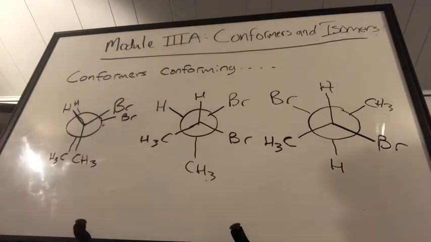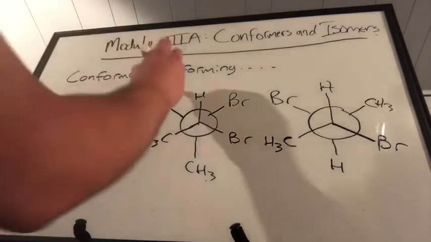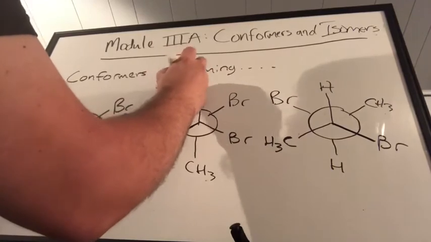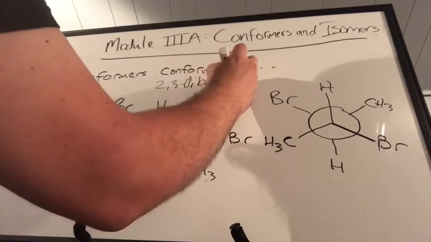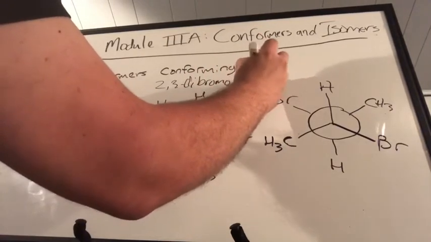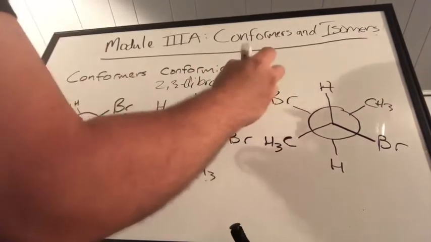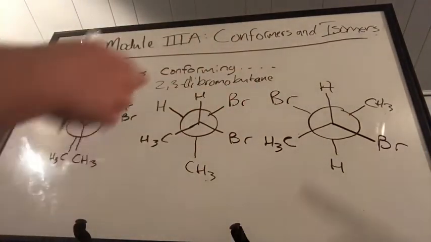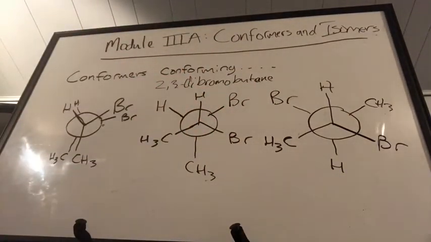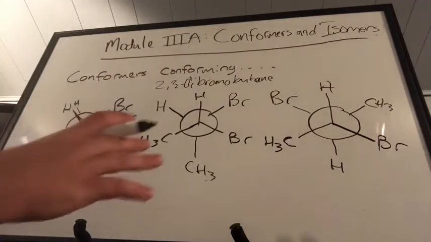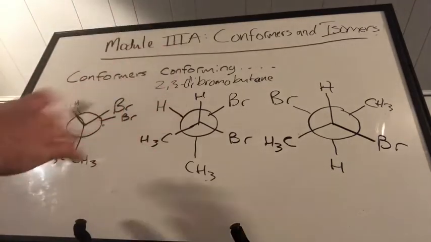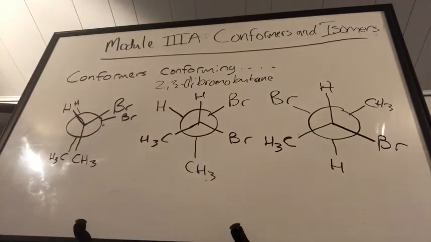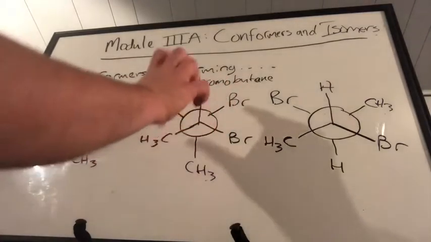So this is 2,3-dibromobutane. And ignoring the configurations, in other words, where these things are bonded, we're just mainly concerned with what kind of space each particular coordinate takes up, and how things are rearranged.